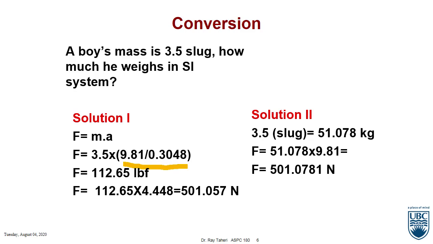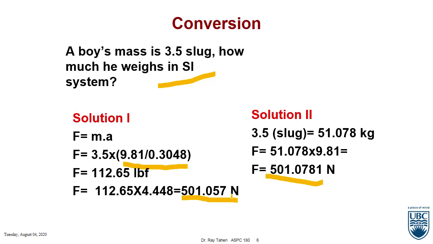and the answer is pretty much the same. So you can see there's a little difference here. The reason is we have some rounding. If you want to round this to 4 significant figures, you get here 501.08, and here you get 501.06.